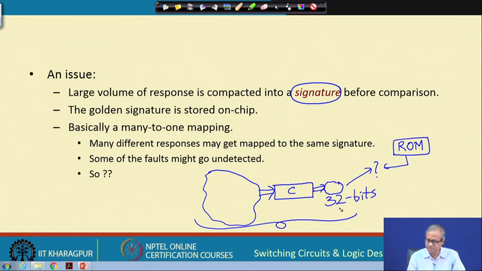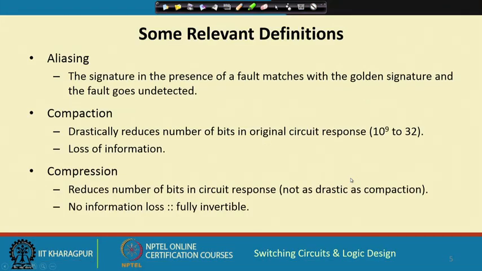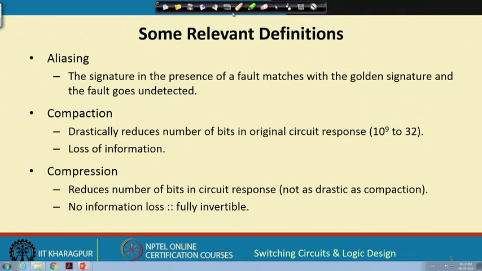So, there is always the possibility that 2 or more input patterns in this set can map to the same signature, because of which some of the faults might go undetected. So, what do we do? What is the probability that a fault is occurring, but it is going undetected? Let us try to make a simple calculation. But before that, let us talk about a few terminologies.